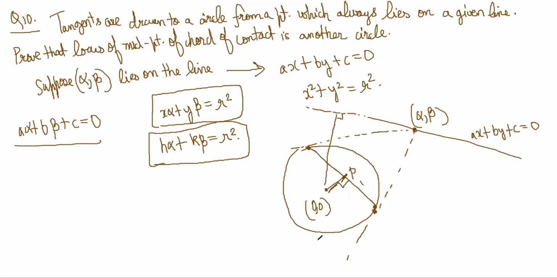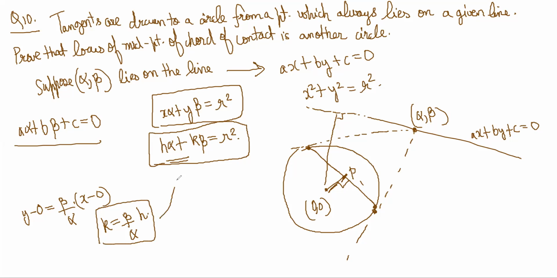You can draw a line through the origin perpendicular to the chord of contact that will pass through the middle point. Then we can find the equation of that as well, because the slope of the perpendicular to the chord of contact will be beta by alpha. H comma k will lie on it. Correct. And then we can now solve the equations.